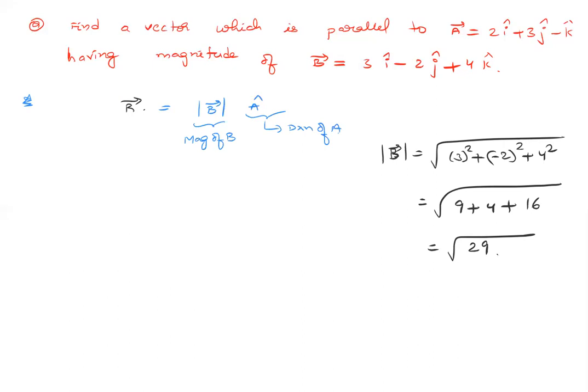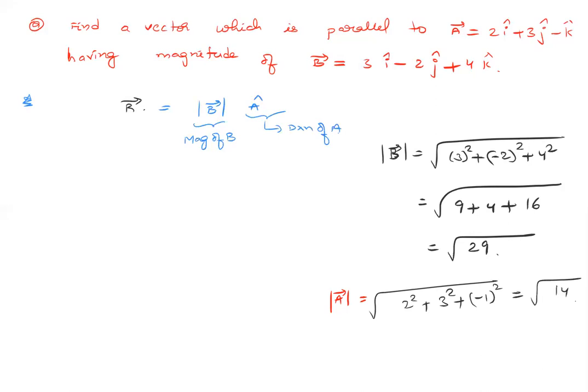And for your a cap, mod of a bar we will calculate first, that is under root 2 square plus 3 square plus minus 1 whole square. So 9 plus 4 is 13, 13 plus 1 is 14.